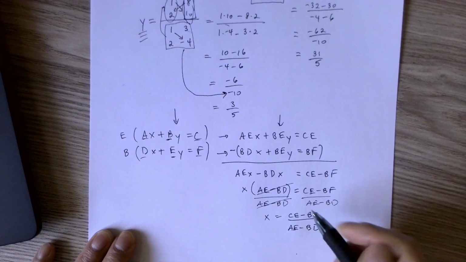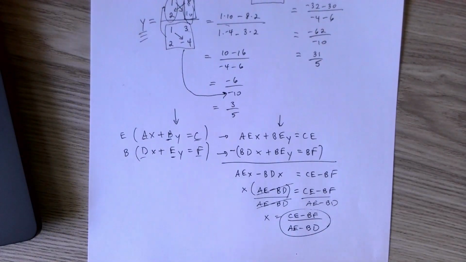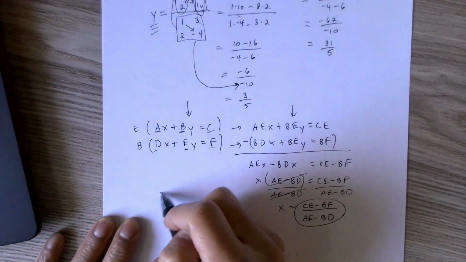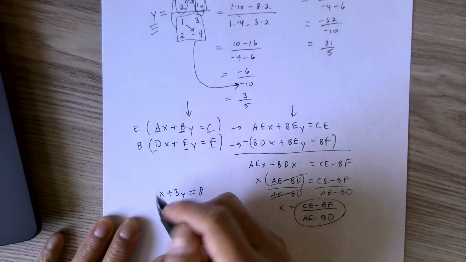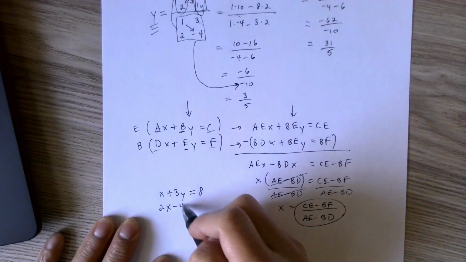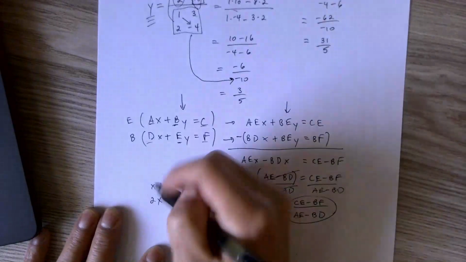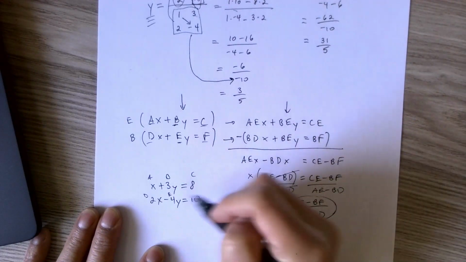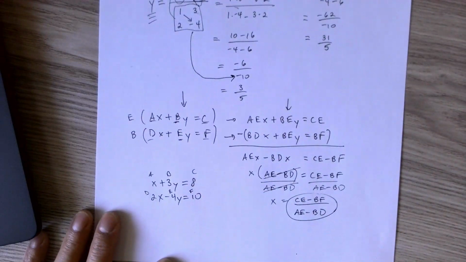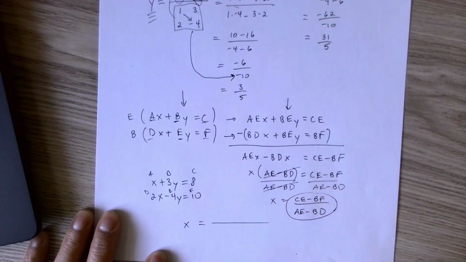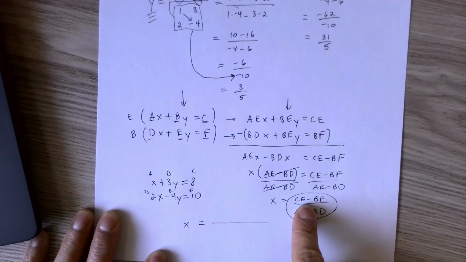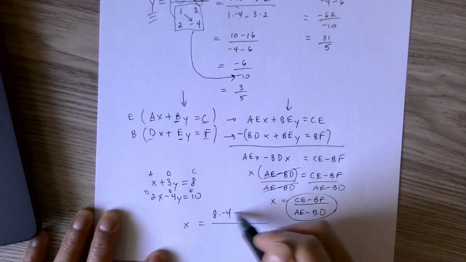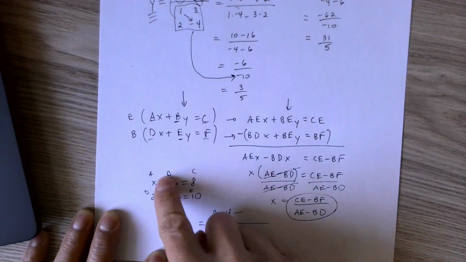So let's apply this to our problem up here. This is A, B, C, D, E, F. So x is supposed to be C times E, that's 8 times negative 4, minus B times F, BF.